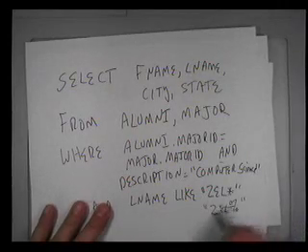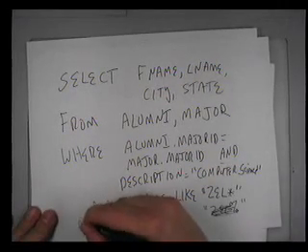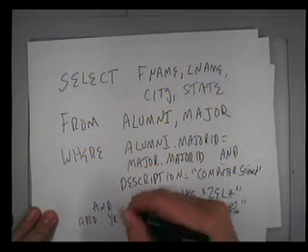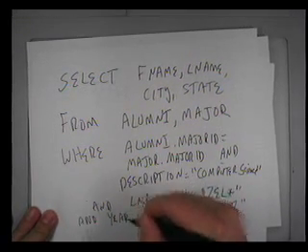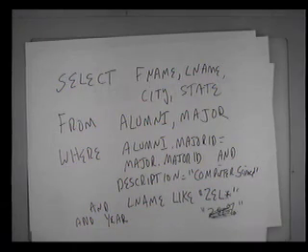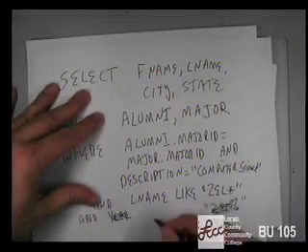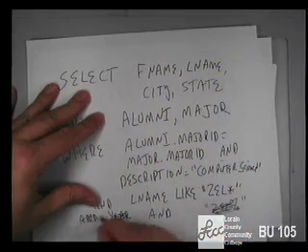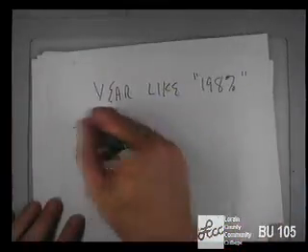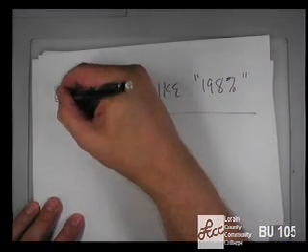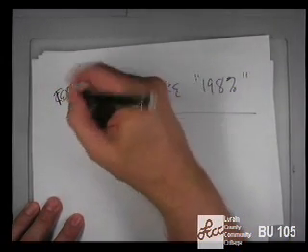So, how do we put the date in there, or the year in there? Okay. We're running out of space here. Let's put the year on its own sheet of paper. And we have this as a possibility. This is only if the date is stored as a text field. So probably not.